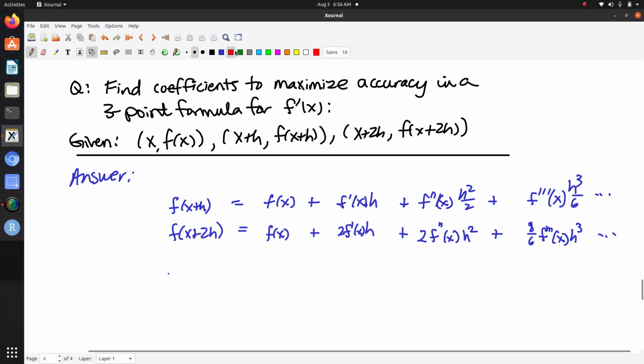So the point is, what I really want is f prime of x to be some linear combination of this: a times f of x plus b times f of x plus h, plus c times f of x plus 2h.